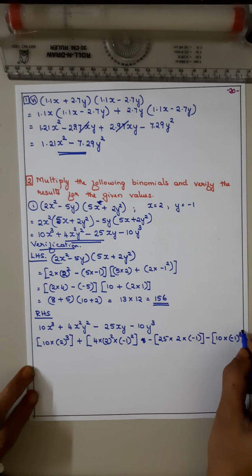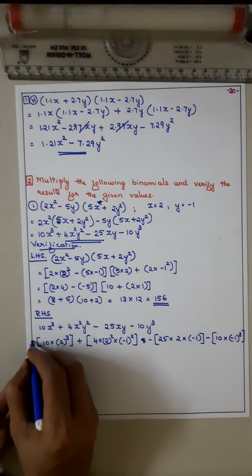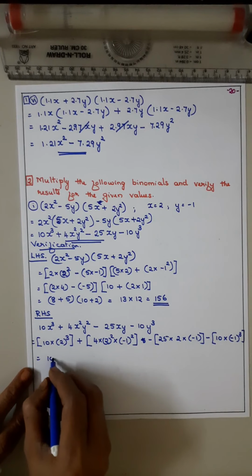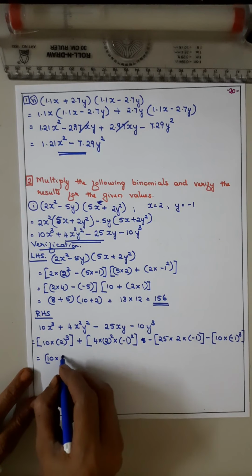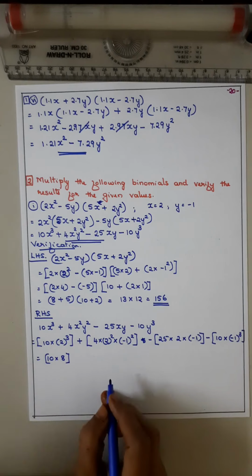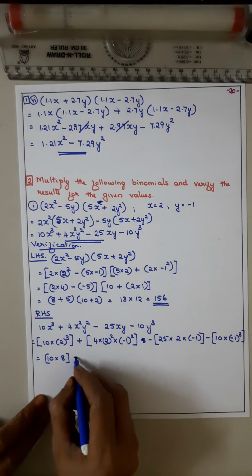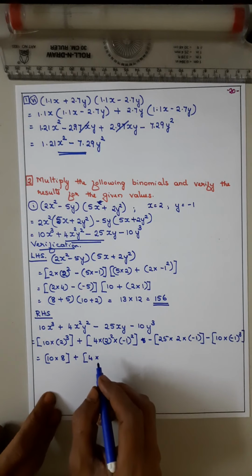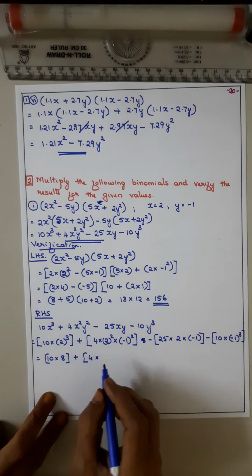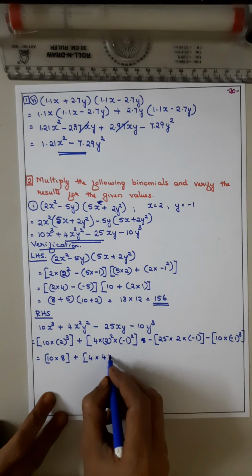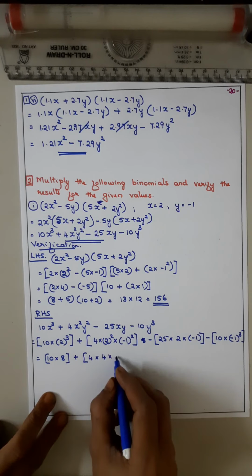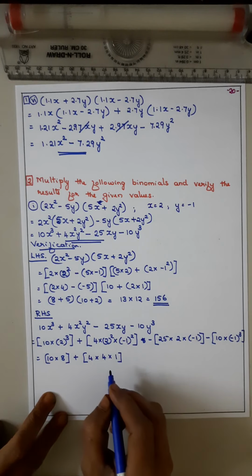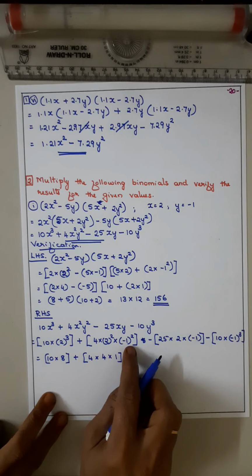Okay, it will be 10 into 2 cube is 8, isn't it? Plus 4 into 2 square. 2 square is 4. Minus 1 square is 1. Why? You understood?